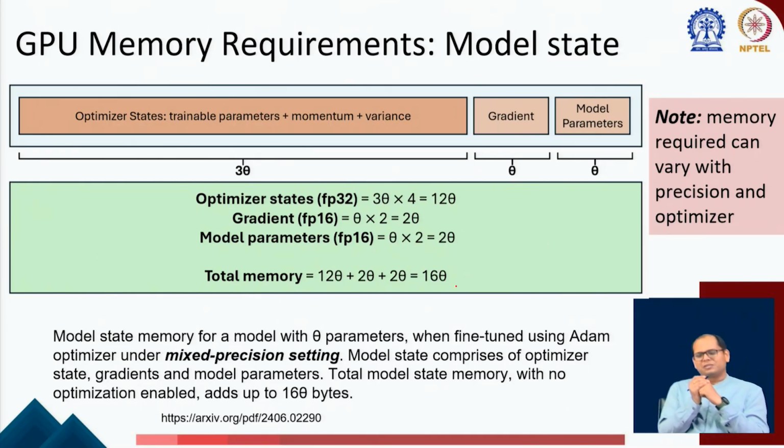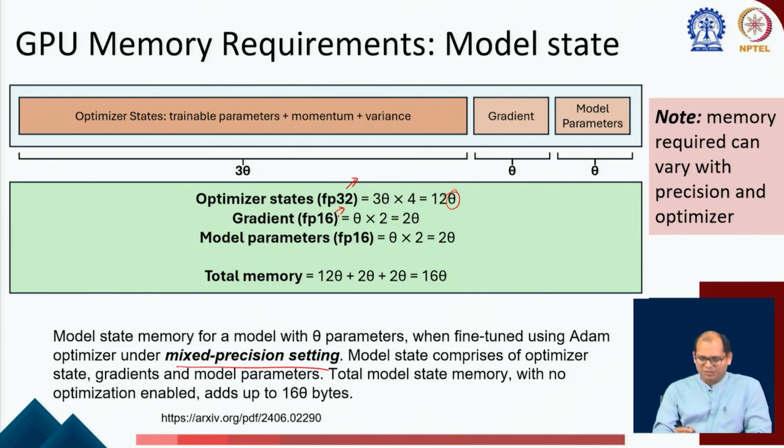Suppose you are training or fine tuning a language model which has theta parameters. So theta is the number of parameters, right? And we are talking about a particular setting called mixed precision setting. You will see somewhere we are talking about 32 bits, and somewhere FP32 and FP16.